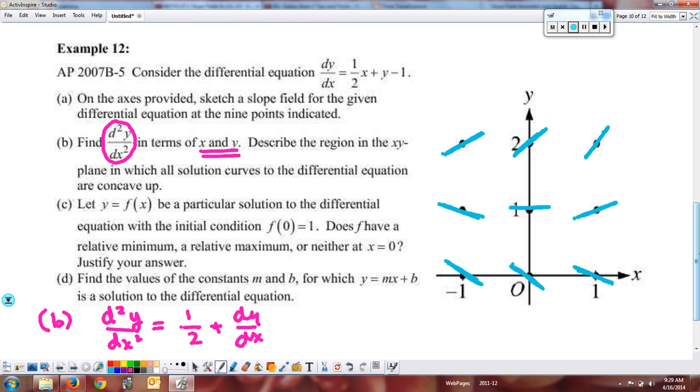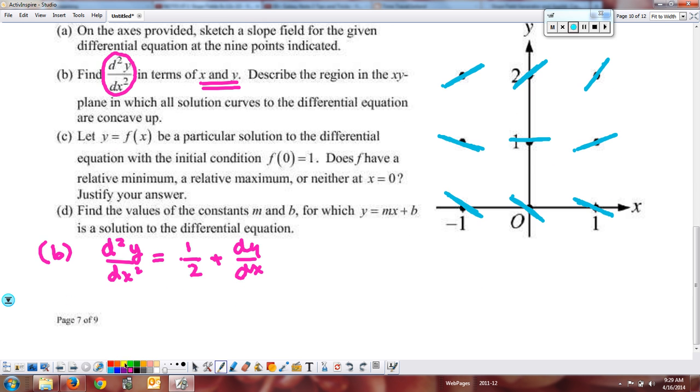But be careful, do not stop here, and that's why I was trying to highlight for you, in terms of x and y, you have to make sure that you get it in terms of x and y. Right now your second derivative is in terms of dy/dx. You basically just need to substitute this back in.